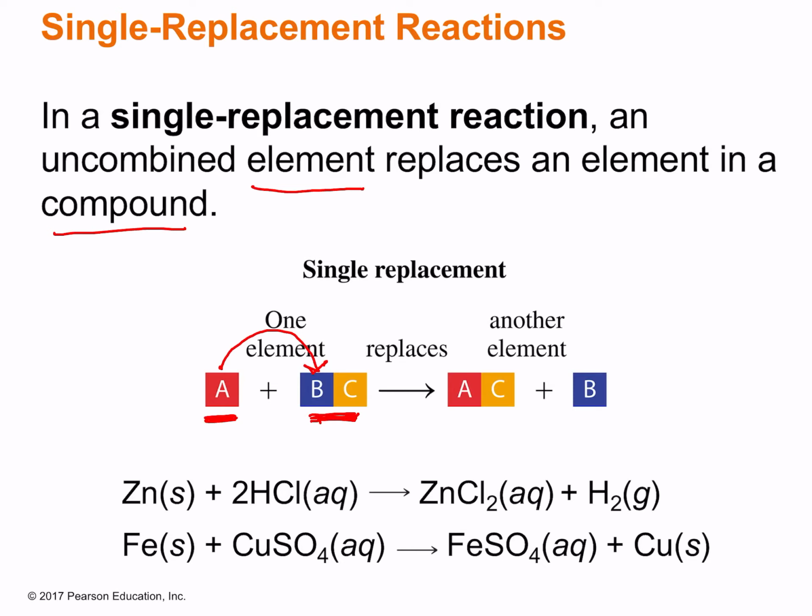Like in this first example, zinc and hydrochloric acid, zinc will go and replace the hydrogen. So now zinc ends up bonded to chlorine, and hydrogen ends up by itself. And in the second example, iron will go and replace the copper. So now iron is bonded to the sulfate, and copper ends up by itself.